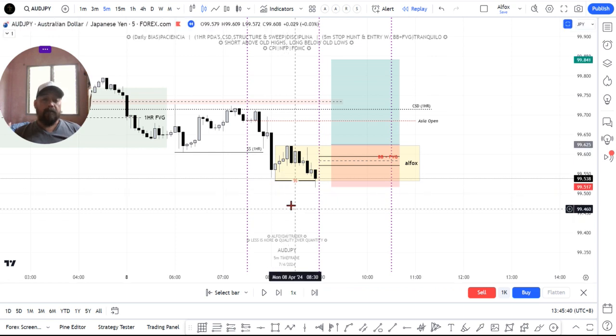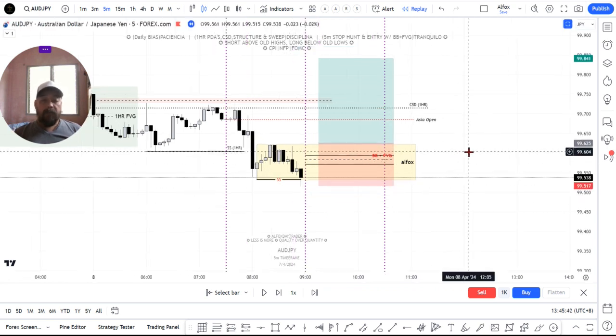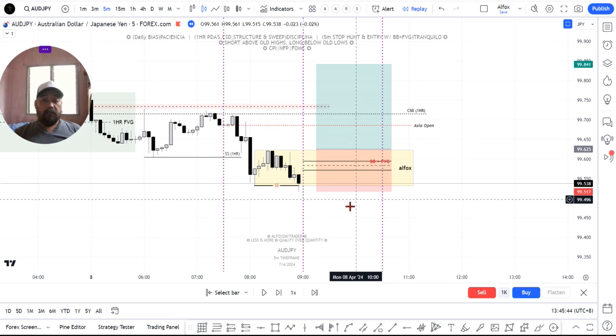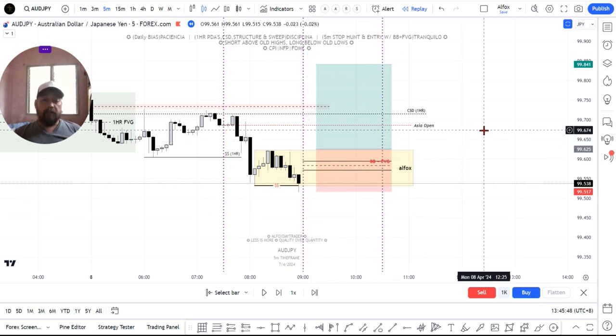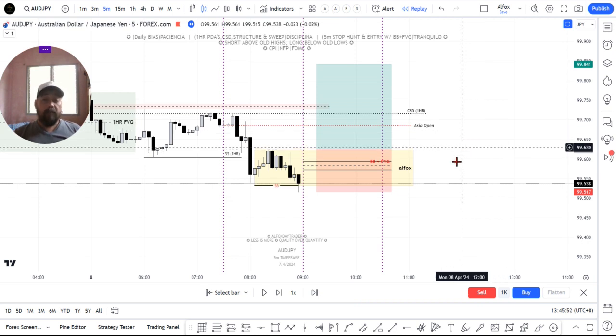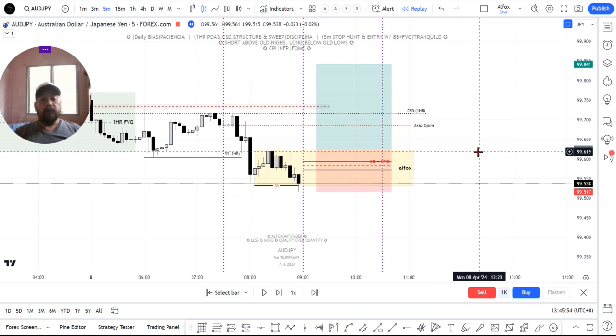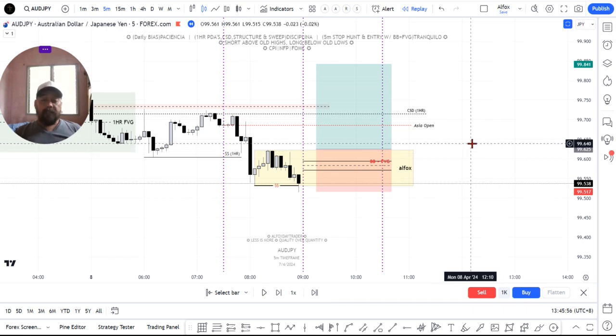That's our breaker block. Now, what I'm waiting for price to do is to go up and show a displacement candle, a big candle, for me to believe that price really wants to go up now. Aside from that, we also need an FVG, which is aligned with our breaker block.